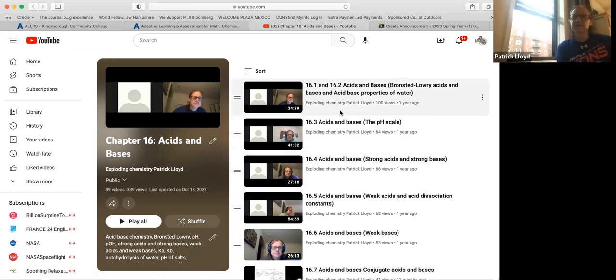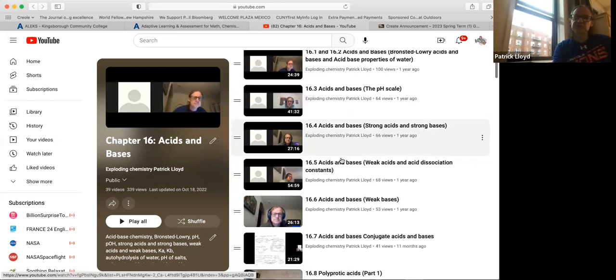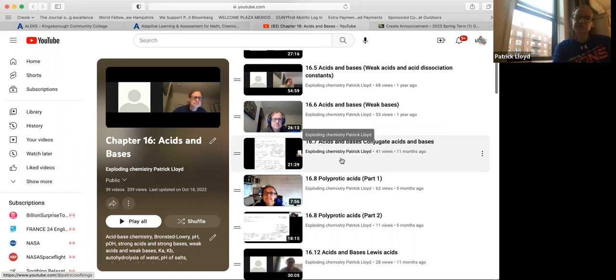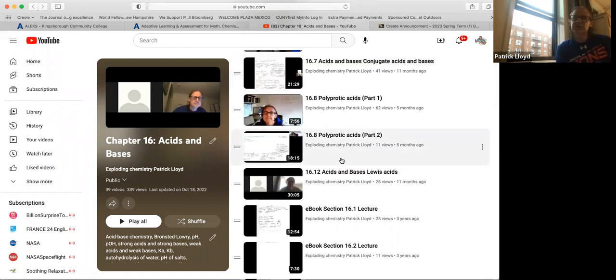Some of you have probably already begun with this. We're going to begin with a discussion of the conjugate acids and conjugate bases with Bronsted-Lowry theory. Then we'll get into the pH scale. We'll look at strong acids and strong bases, then weak acids and weak bases, and then we'll get into conjugates more, some polyprotic acids, and then Lewis acids to wrap things up.